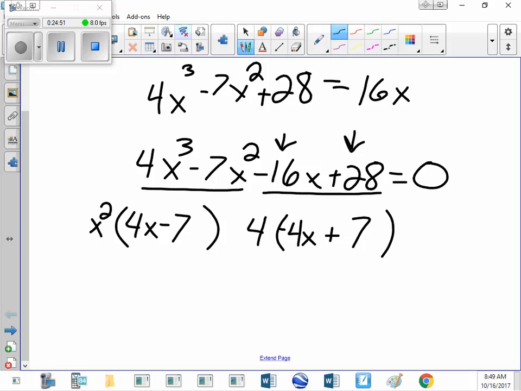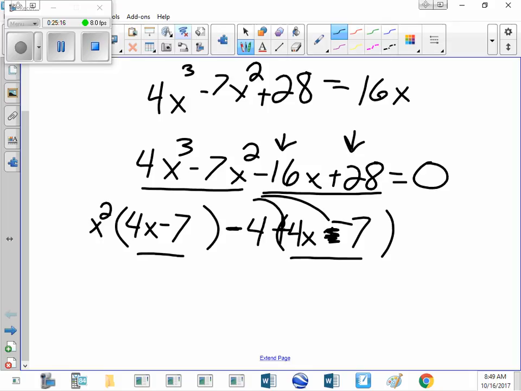So how do you know if you need to pull out a negative when they're both not negative? Well, it all comes down to this must equal that. And when I factored it this way, it didn't work. So now I'm going to pull a negative out, make this 4 a negative, and this will be positive, and this will be negative, and now it matches.